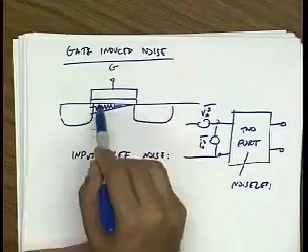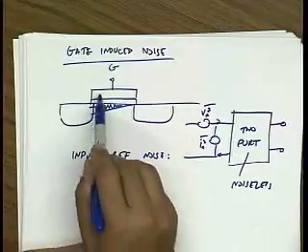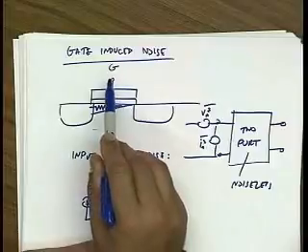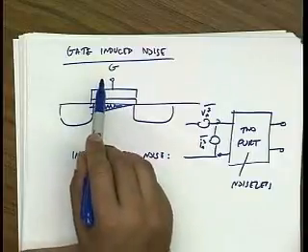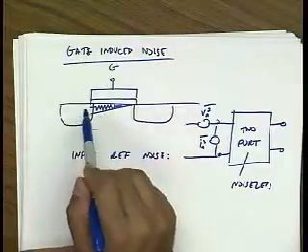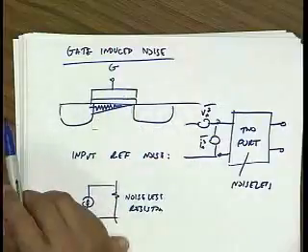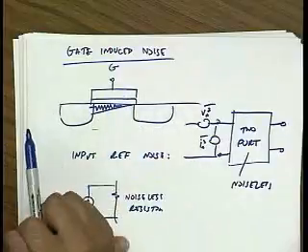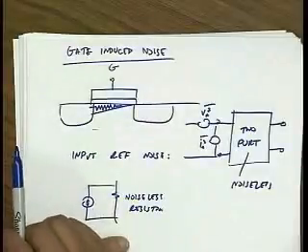And the reason is because the noise current in the channel can capacitively couple and appear at the gate. Okay? So if I look into the gate of a transistor, ideally you wouldn't expect to see thermal noise, right? You would expect to see the thermal noise of the gate resistance material, but other than that, you wouldn't expect to see any other noise. But in fact, you do see additional noise, and that's called gate-induced noise.